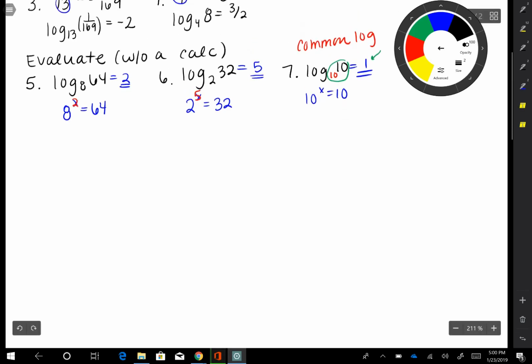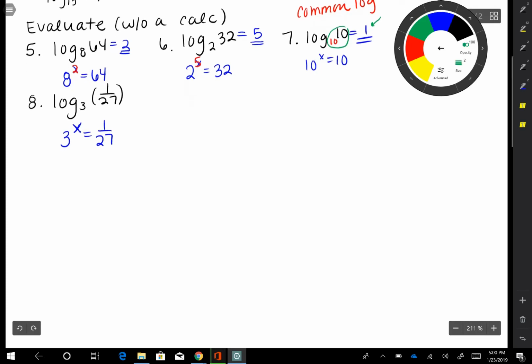How about log base 3 of 1 over 27? Here I am asking myself, 3 to what power gives me 1 over 27? Well, I do know a relationship between 3 and 27. I know that 3 cubed equals 27.